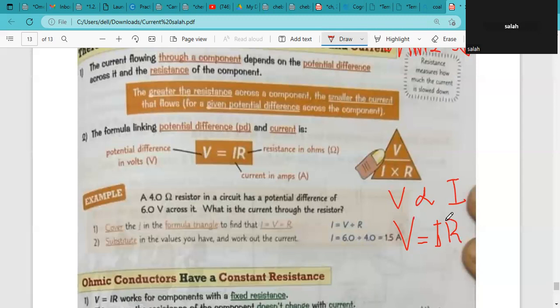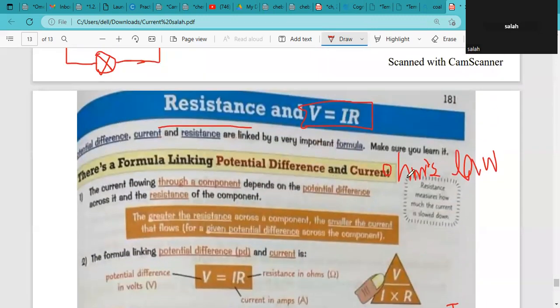When we provide potential to the circuit, there is a flow of current, but along with some resistance, because the circuit doesn't want to flow the current. It shows some opposition to the flow of current. You can read this box.